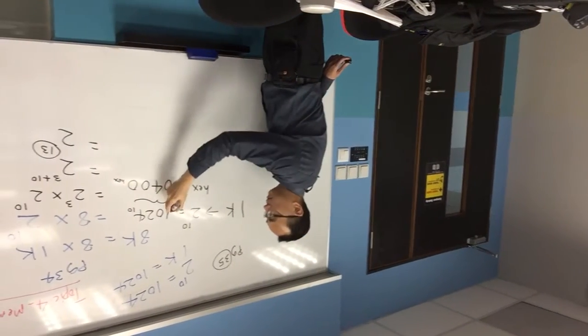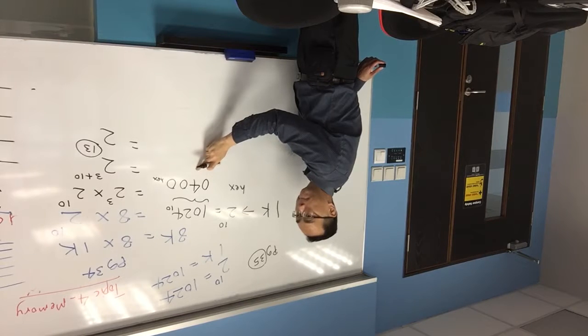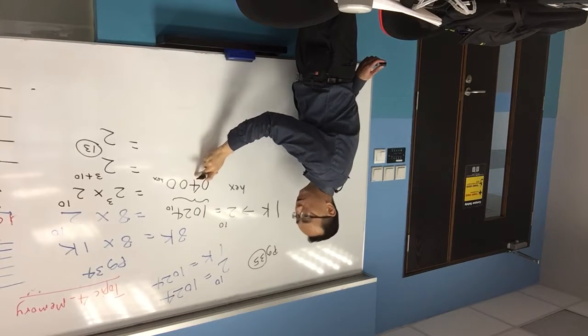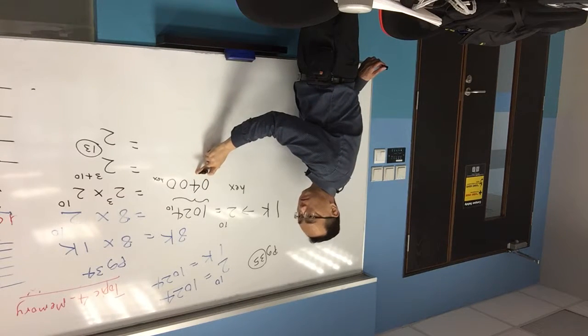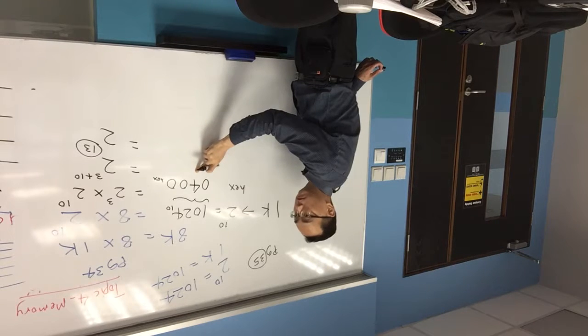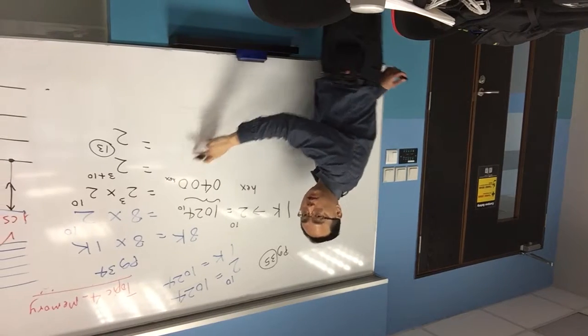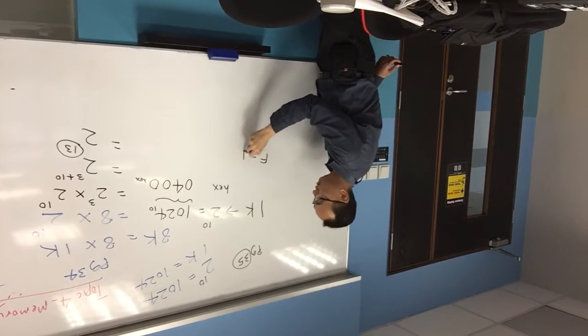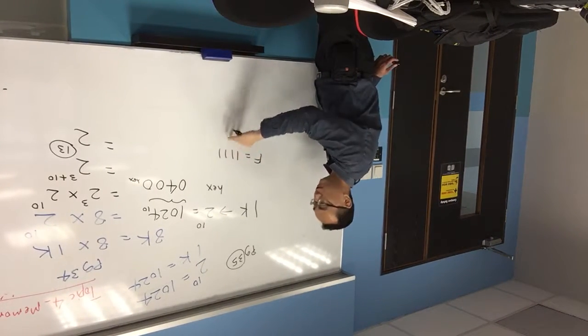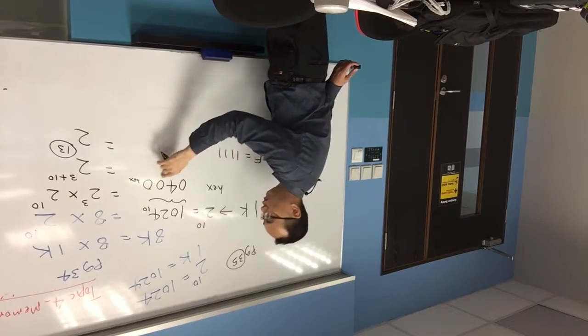Okay, so hex. 4 lines, 4 lines, 4 lines. Because 1 hex digit is 4 bits, just like F is 1111. So isn't this 4 address lines? So 4, 4, 4.